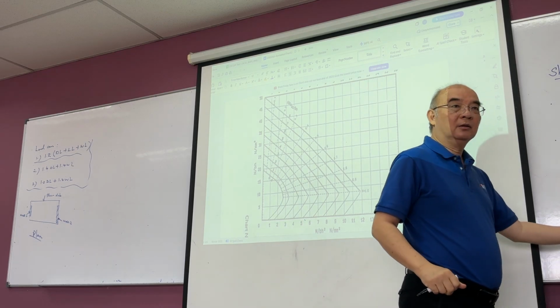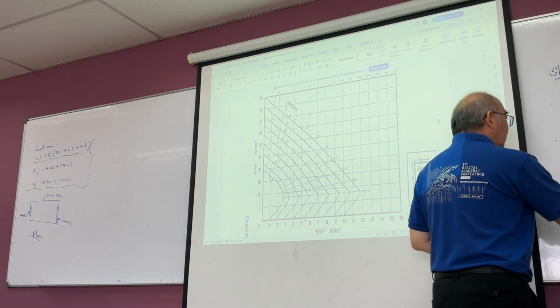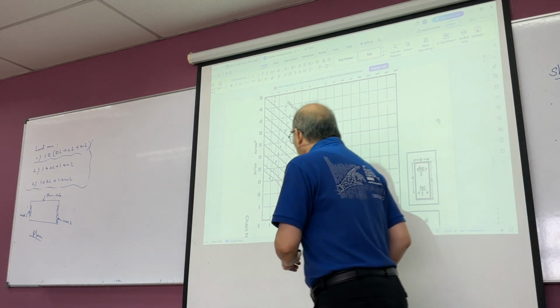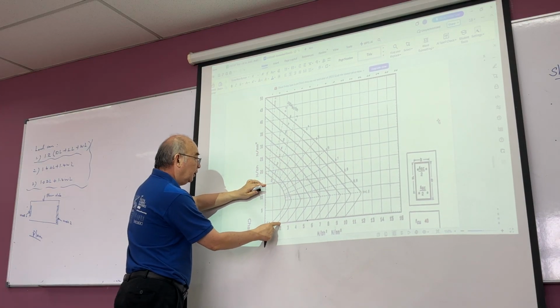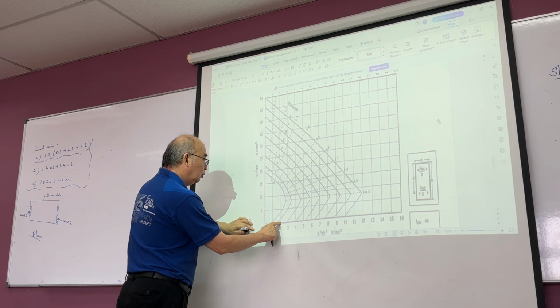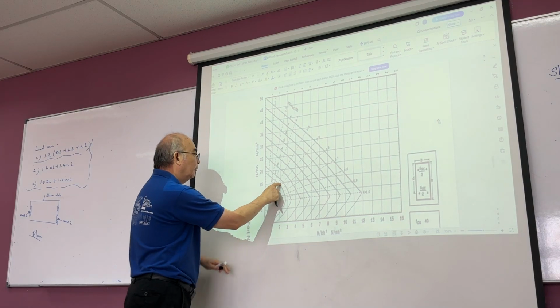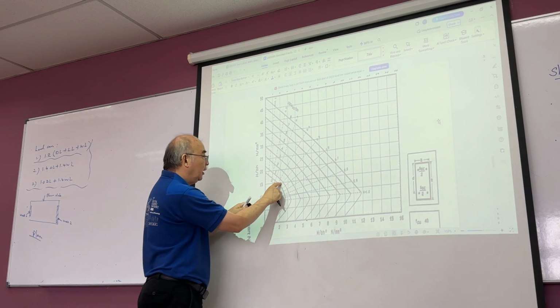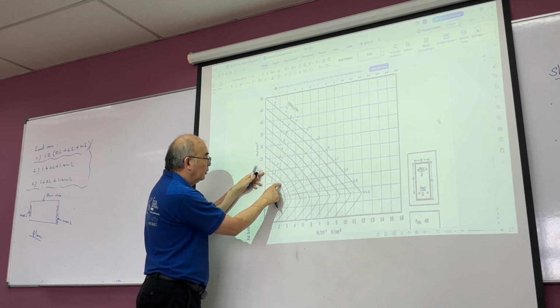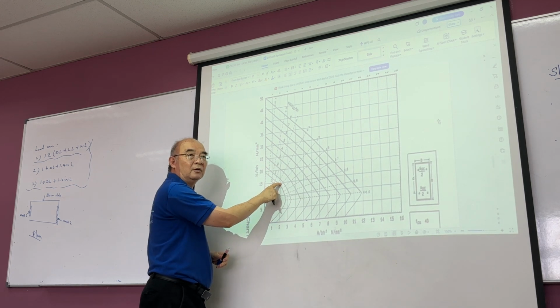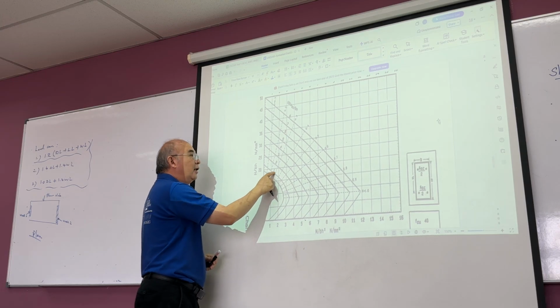So 15 MPa is here, 2 MPa is here, right? Then you come up here to 15, right? So it's somewhere here. So this is 0.4, this is 1. So this is somewhere in the middle, right? So what is the value in the middle?